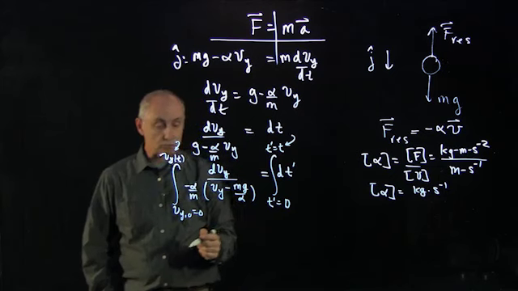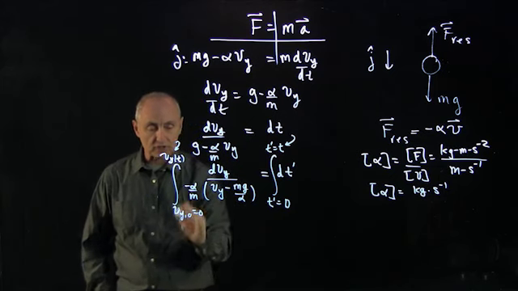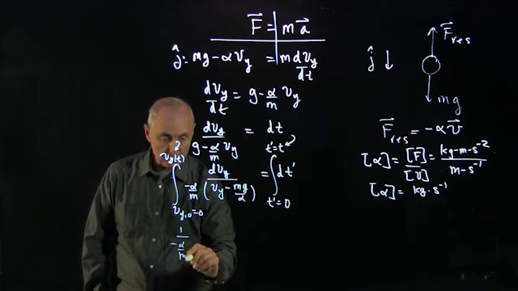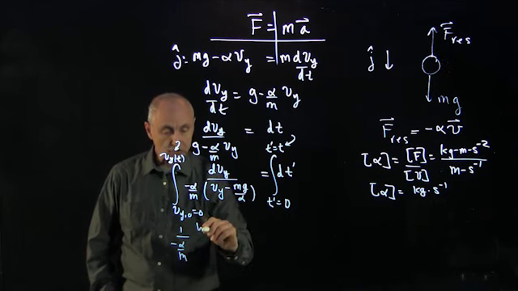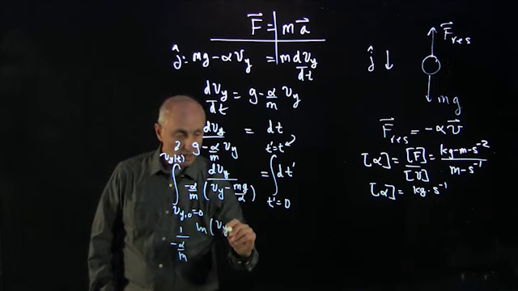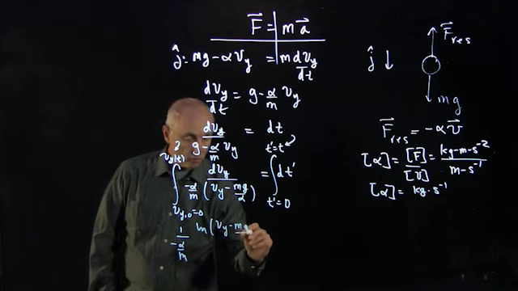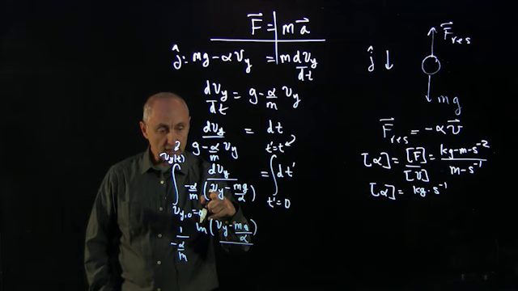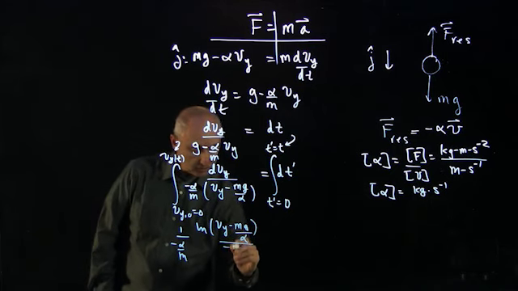Now, doing this integral, first off, this constant term comes out. So we have 1 over minus alpha over m. And the integral is just a natural log integral of vy minus mg over alpha. And we have to evaluate that. In the lower limit, vy is 0, and we have just minus mg over alpha.